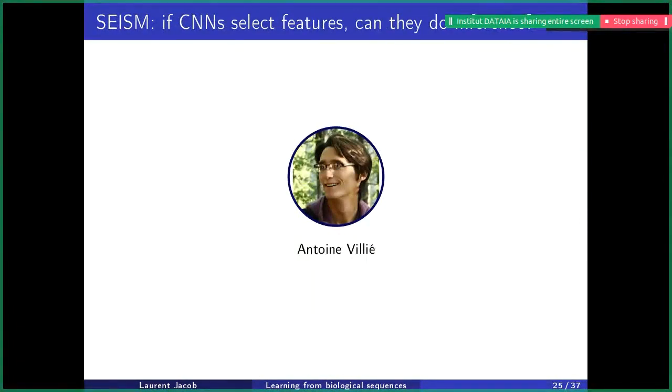Okay, and so, like I said, it's showing that training a CNN is formally a way of selecting probabilistic motifs. So if this is selecting probabilistic motifs, maybe the natural question, given what I said before, is: can we do hypothesis testing on the features we've selected? Can we do more than just selection and put a test on that?